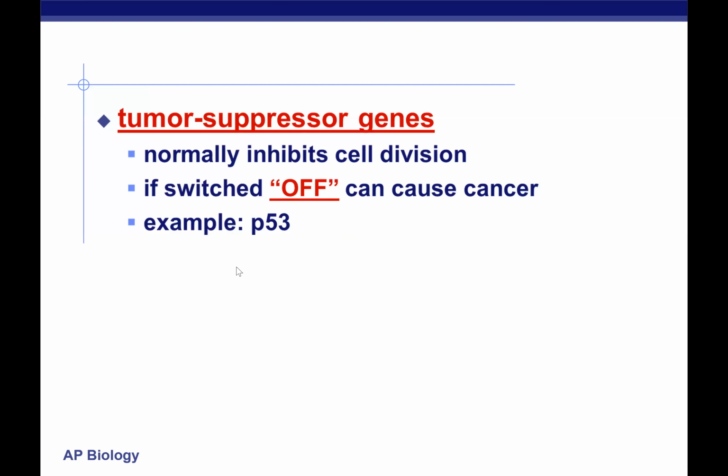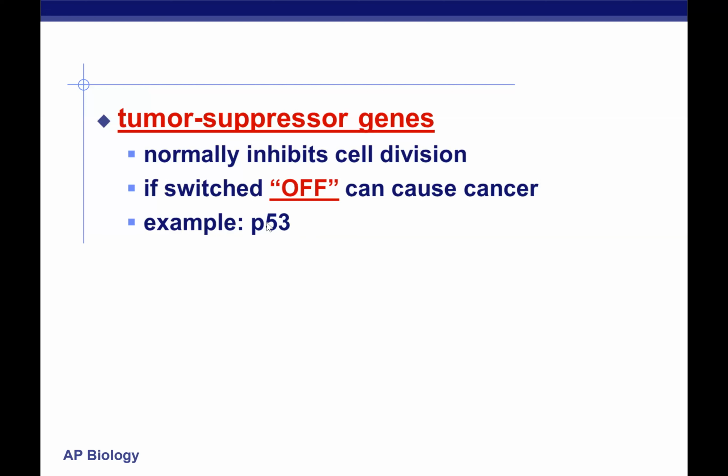One example, which is very well studied in almost all cancers, is P53. P53 is one of the tumor suppressor genes, and a mutation in this gene is responsible for a variety of cancers in humans.